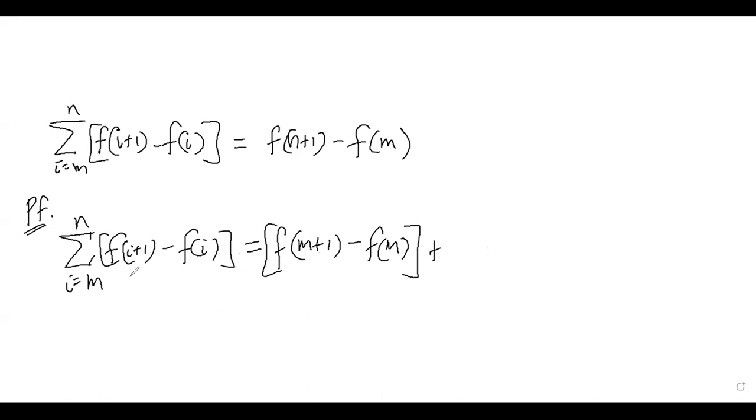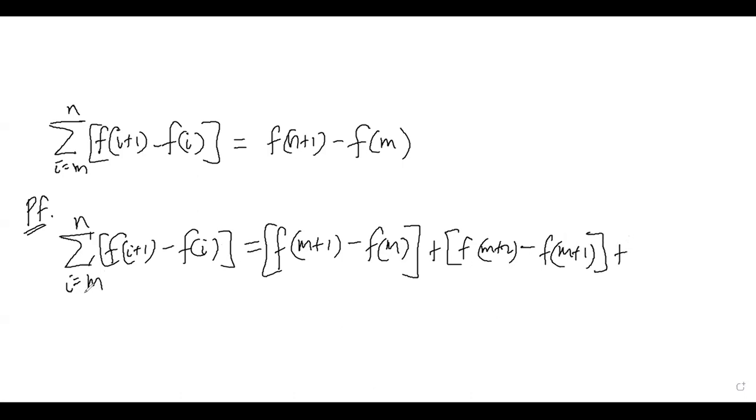The next term is when your i is m plus 1. So you just change i to m plus 1, and it will be f of m plus 2 minus f of m plus 1.